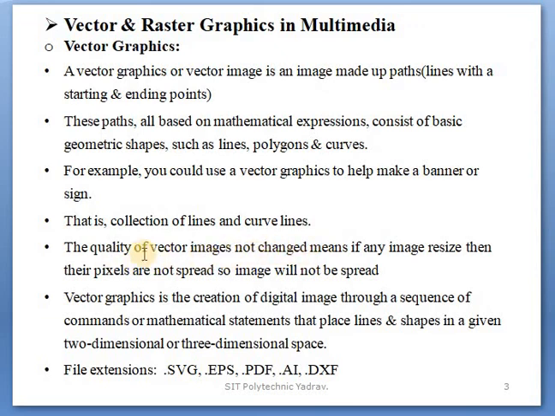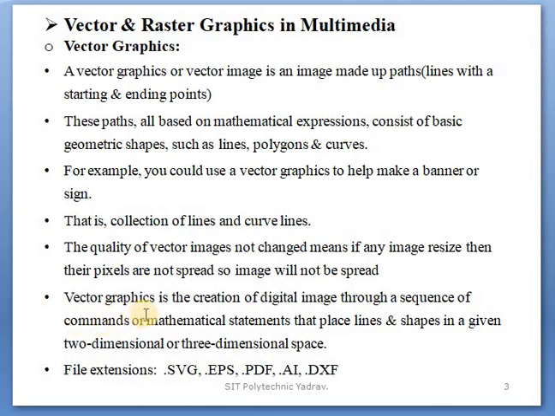We change the quality, meaning we apply an effect, meaning we resize the image. When I resize the image, its pixels are not spread, so the benefit is that the image will not be spread.